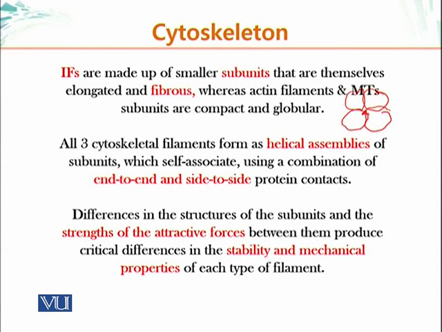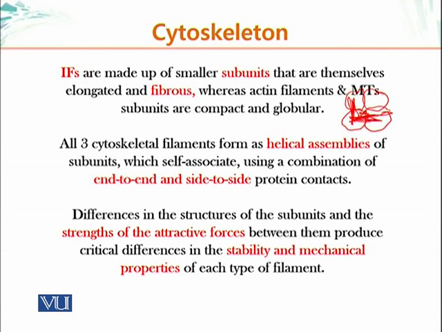The contacts could be lateral, this is a lateral contact, or it could be longitudinal, which is in this direction. These two are binding each other longitudinally, and these two are binding laterally. So assembly and disassembly can occur rapidly without the covalent bonds being formed or broken. So these are weak interactions that I've drawn on the screen.